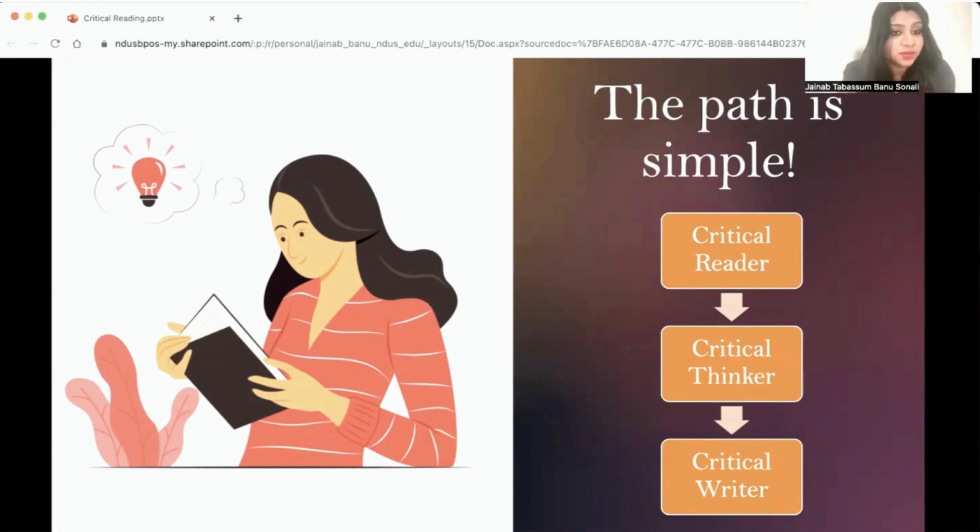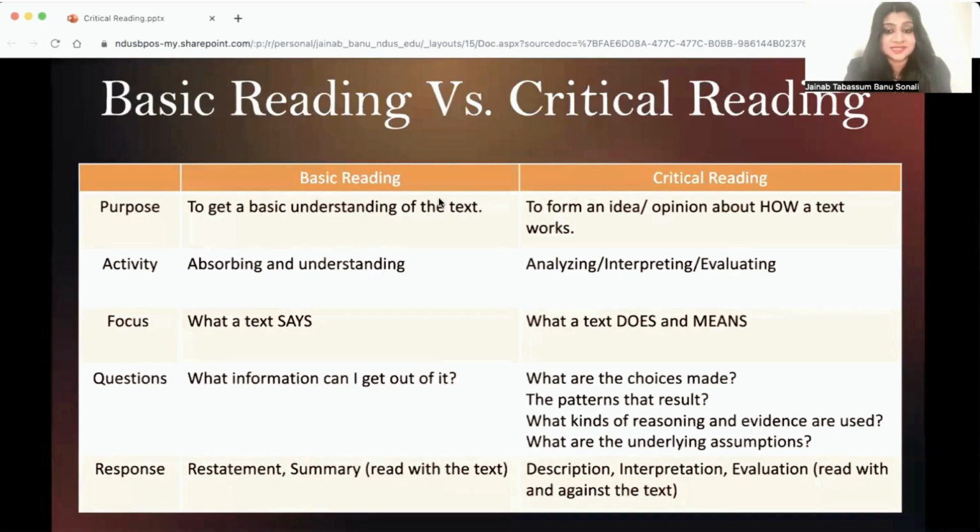But let's then talk about the basic difference between critical reading and basic reading, because that's what you're probably asking, right? Let's start from the purpose. When you just basically read a text, what do you do? You skim, you skip. So you basically read it just to understand the basic concept of the text.